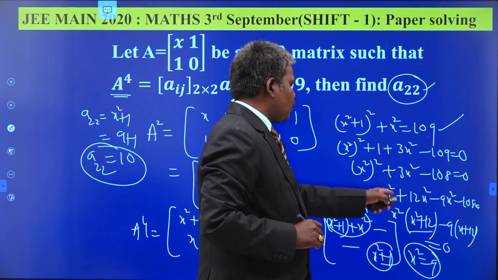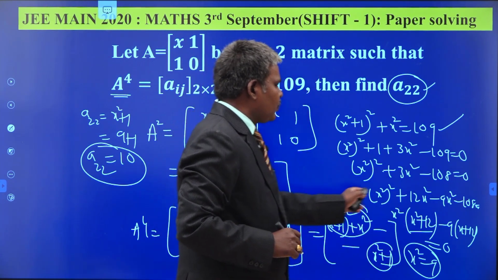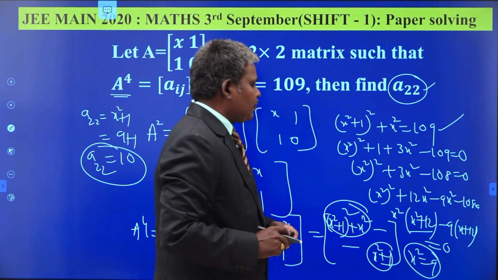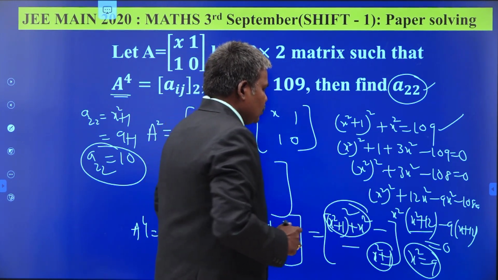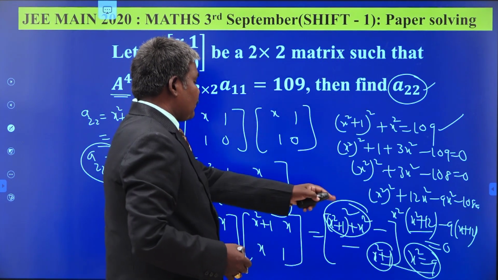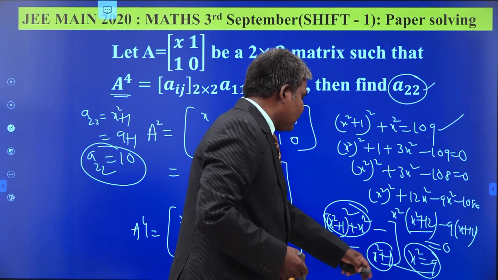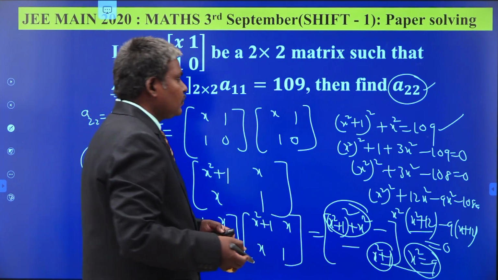After factorization, immediately we obtain x square equal to 9, because x square plus 12 is never 0. You just substitute the value of x square as 9 and we get x square plus 1, which is 10. Okay.